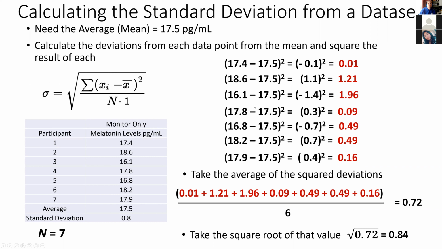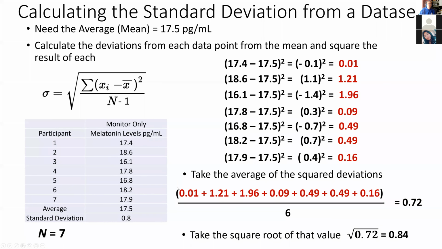So that's what's calculated here. So for each one of these measurements, I need to subtract the mean, square the value, and then get that number. So that's what I've got down here. And then I'm going to follow what this tells me to do. This is the summation. So I need to add up all of those values that I just calculated.